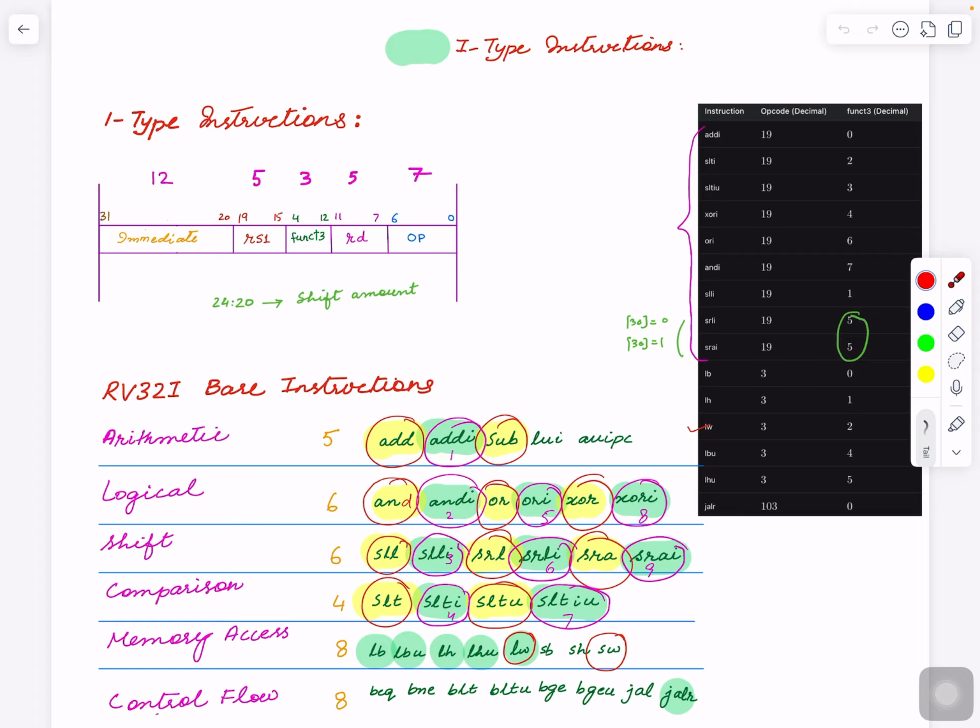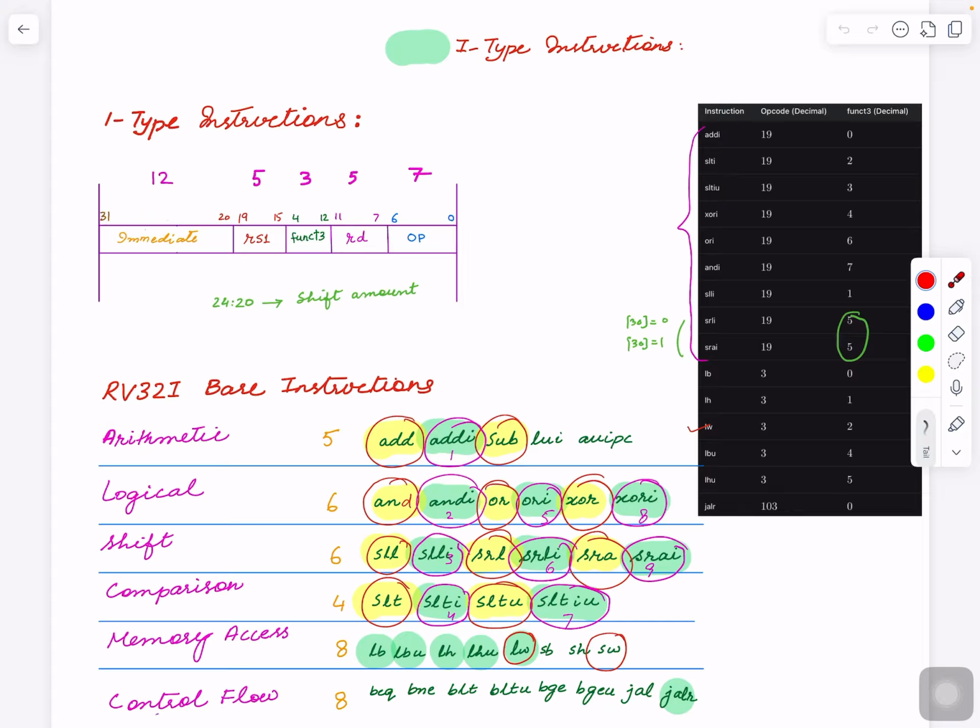So yeah, that's it. If you look at this, you can see that for all the immediate, or all the I-type instructions, the opcode in decimal is always 19. The differentiation between different I-type instructions is with this func3. So 0, 2, 3, 4, 6, 7, 1.